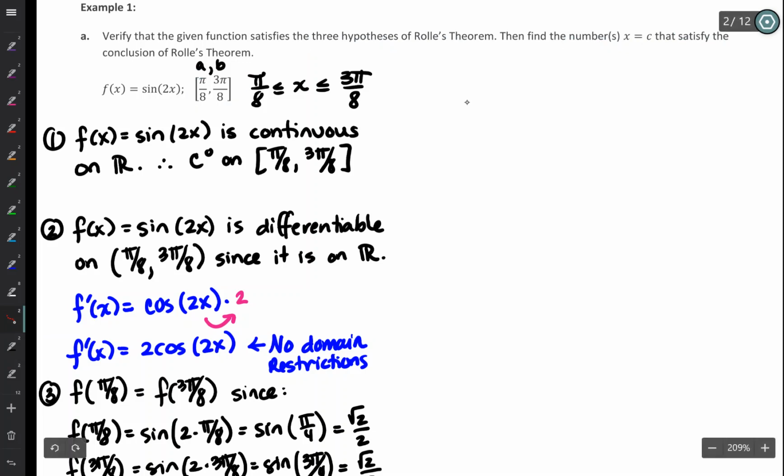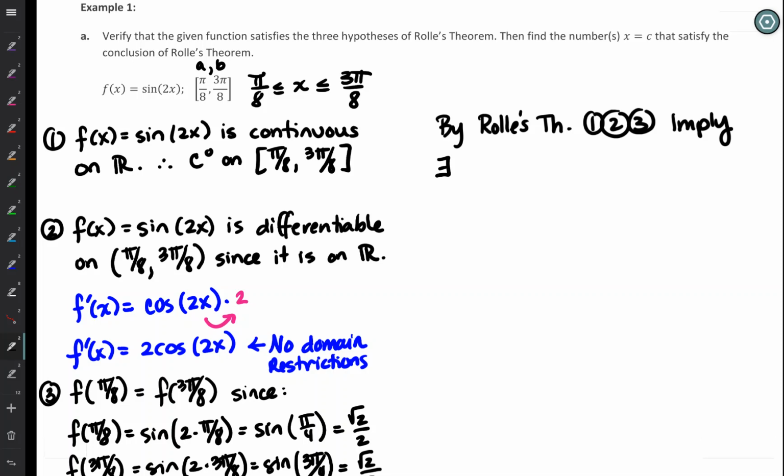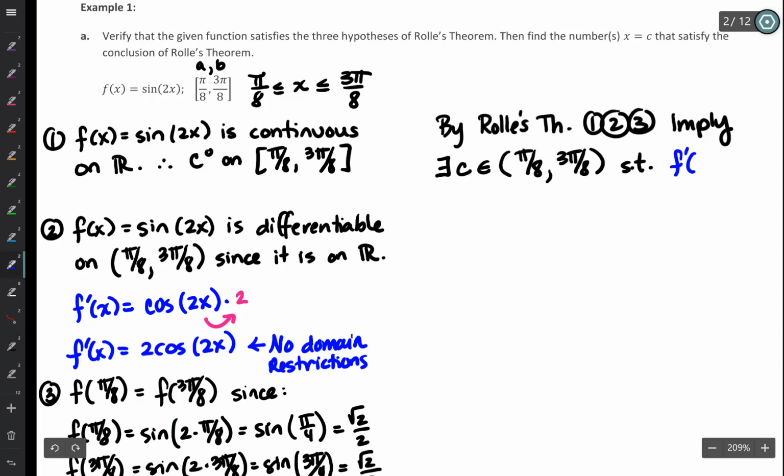So by Rolle's theorem, 1, 2, and 3 imply that there exists an x value, x equals c, in this open interval such that the derivative there is 0.